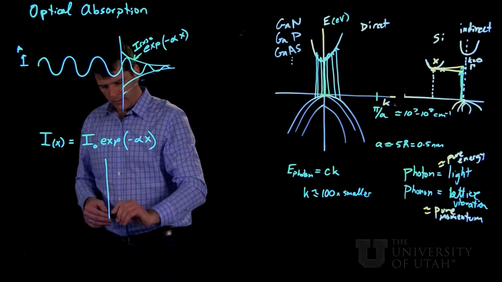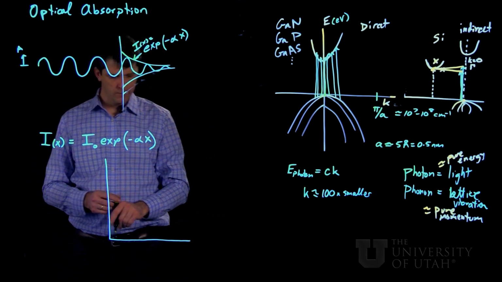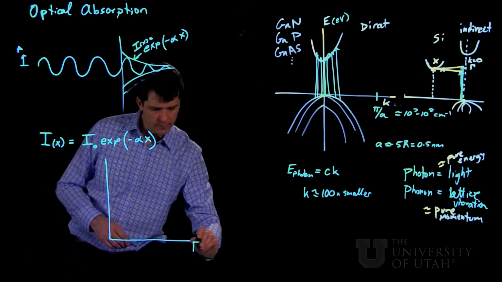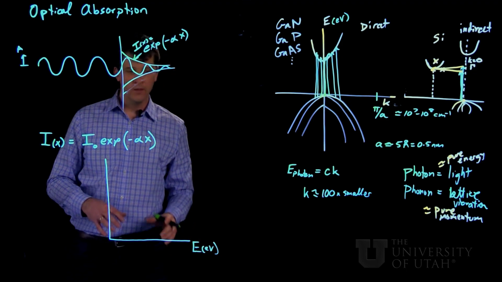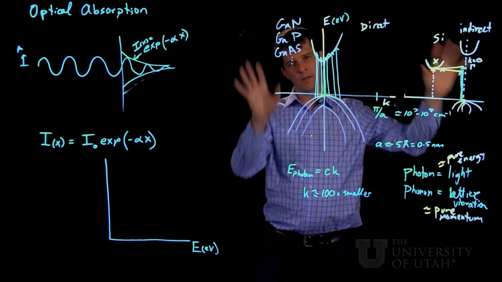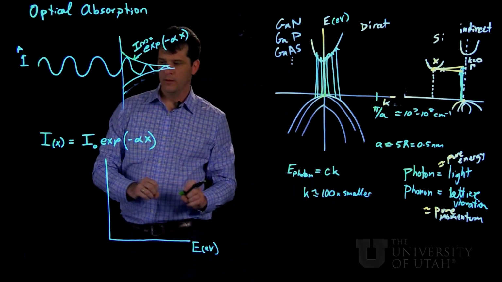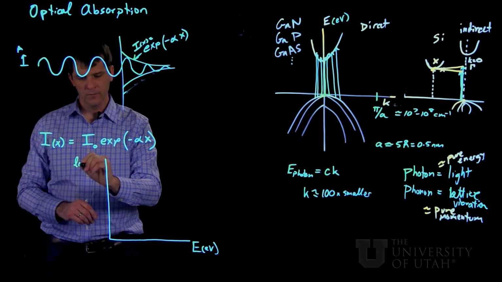So we can look then at the absorption coefficient versus photon energy to sort of get the total effect of all these band structure details for every different semiconductor.